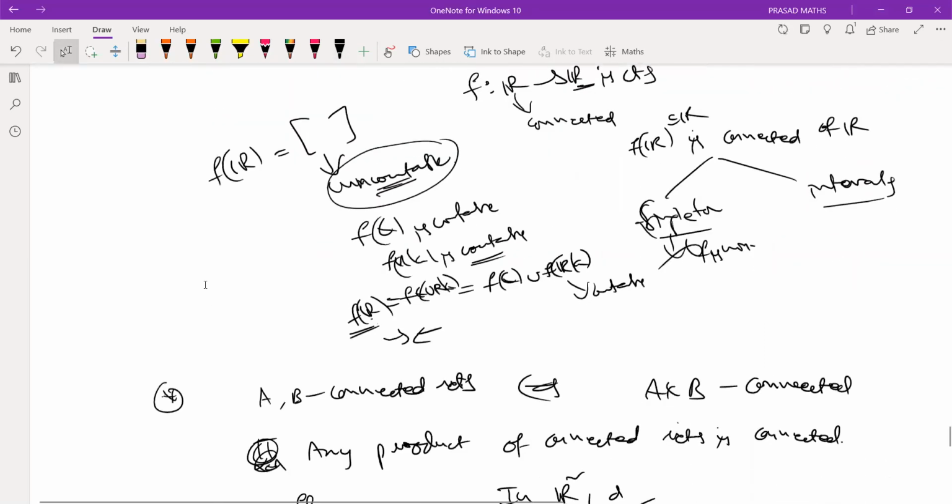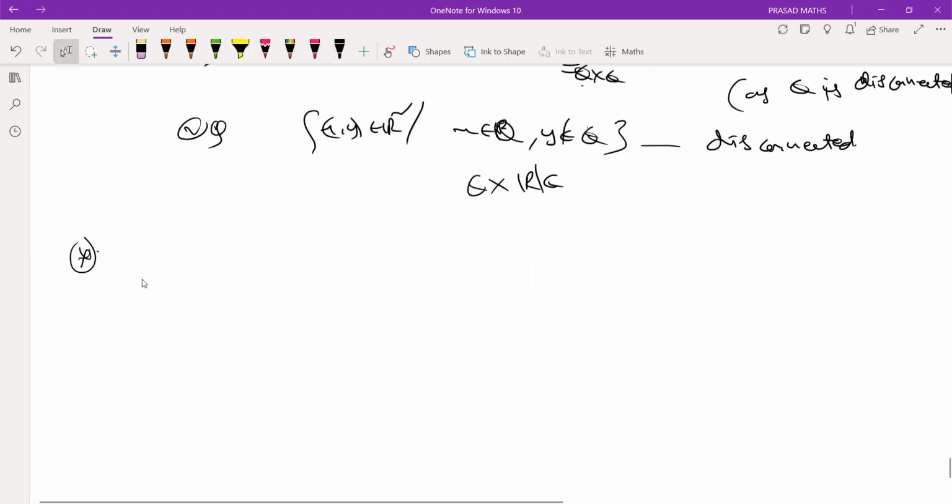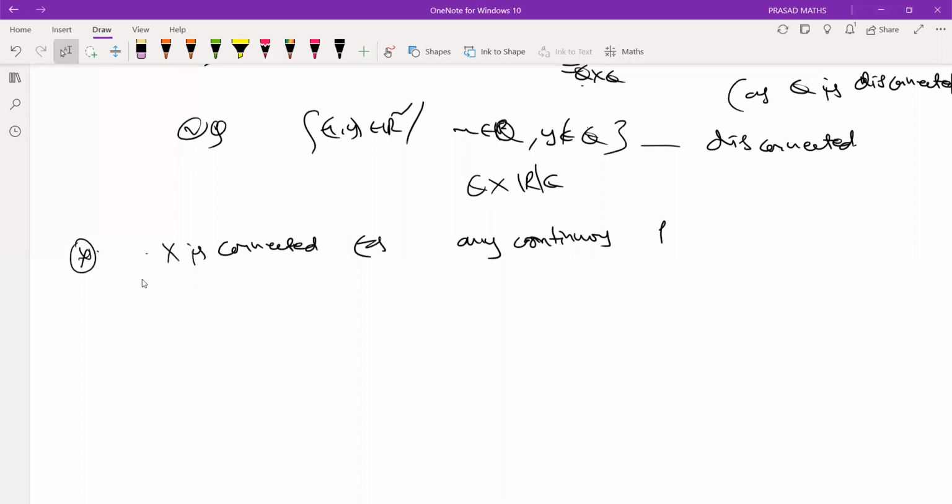Next property: X is connected if and only if any continuous map from X to a two-point discrete space is a constant map.